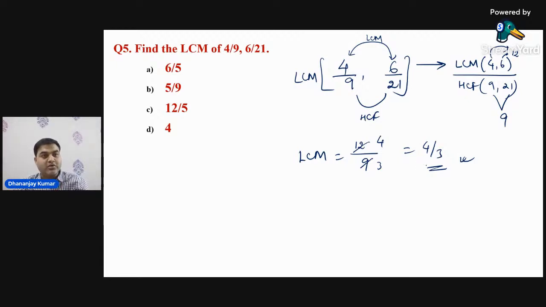Where did we go wrong while writing the question? Did we go wrong while writing the question? So 4 by 3, what is your answer? What are you getting? Is it right? Everybody got the same answer?